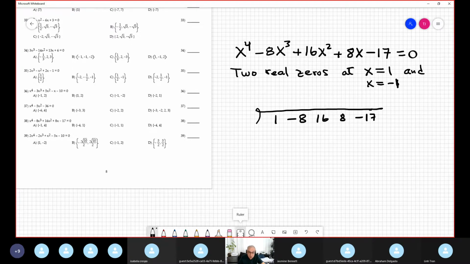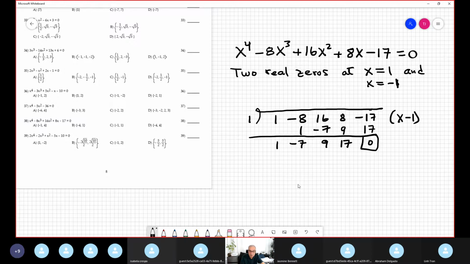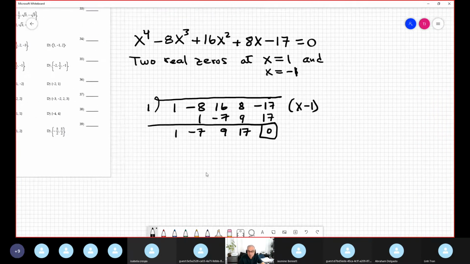I perform synthetic division using positive 1. 1 times 1 is 1. This is minus 7, the multiplication is minus 7. It's 9, the multiplication is 9. It's 17, and 17 multiplies to positive 17. Zero remainder. Therefore, the factor x minus 1 belongs to the polynomial, and x equals 1 is the zero associated with it. Now let's do negative 1.